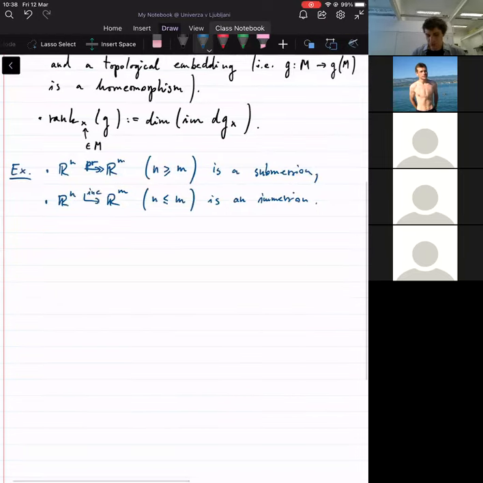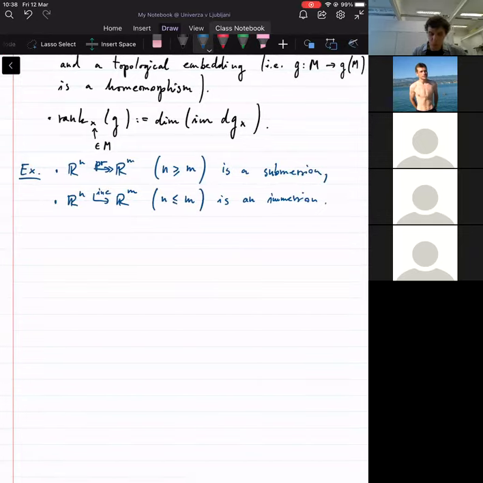Well, these two examples are easy, and we're gonna state a theorem now, which says that locally every map looks like a projection or an inclusion. Okay, so this is a really important theorem. It's called the rank theorem.